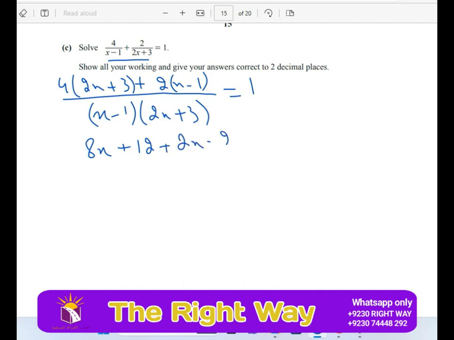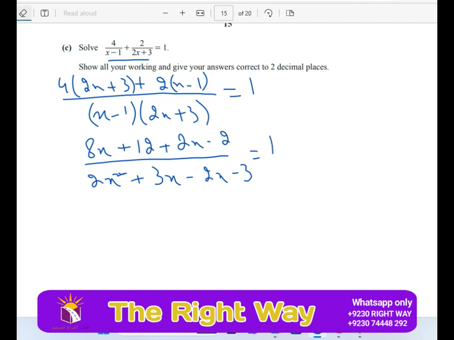And 2 into minus 1 will be minus 2. Divided by x into 2x, 2x square. x into 3 plus 3x. Minus 1 into 2x minus 2x. Minus 1 into 3 minus 3.